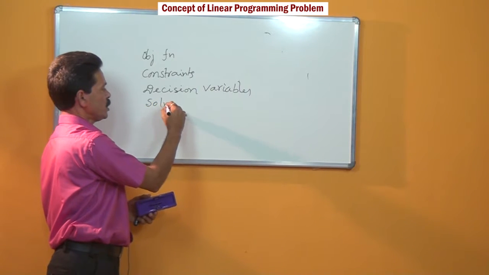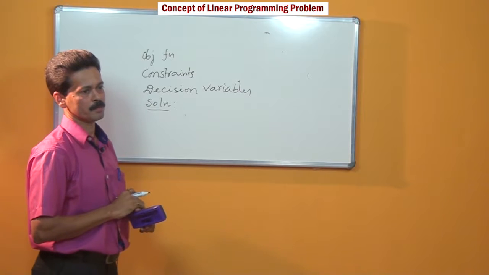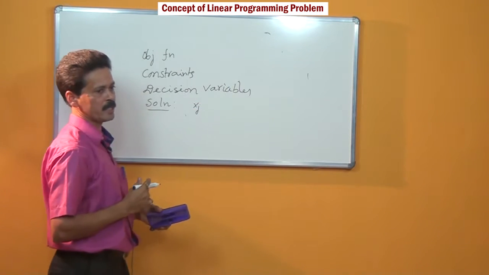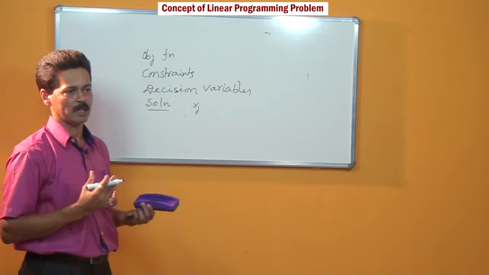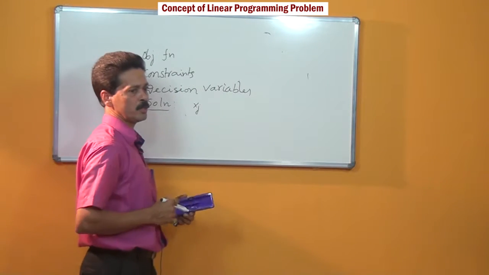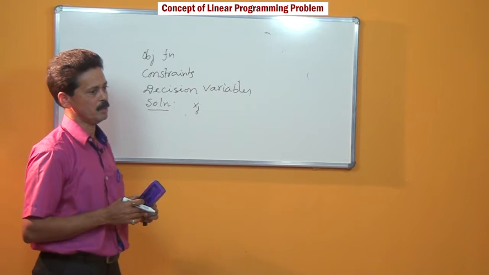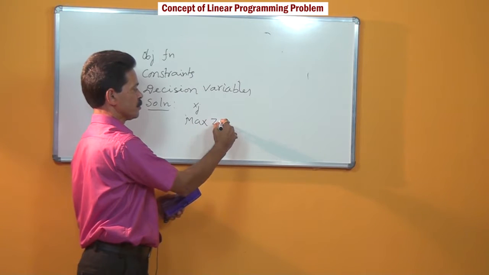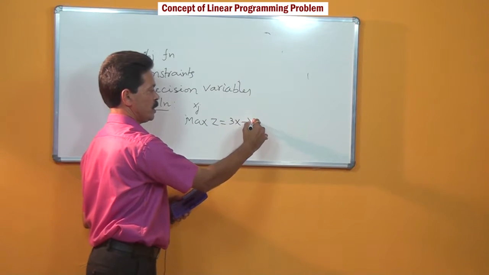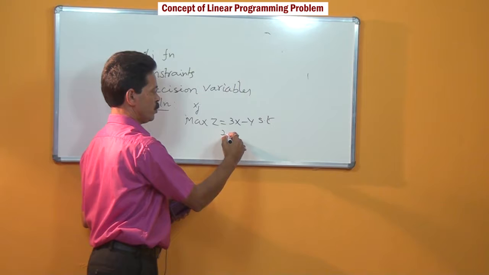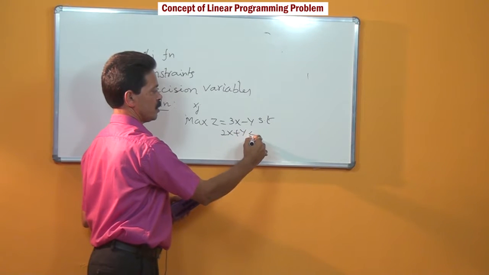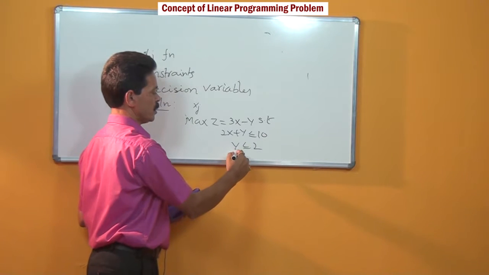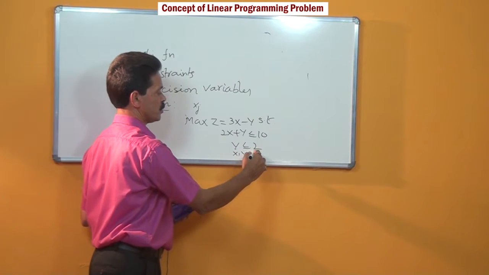Next, solution of a linear programming problem. Any set of values xj which satisfies the constraints of LPP is called a solution of a linear programming problem. For example, maximize z = 3x - y subject to 2x + y less than or equal to 10, y less than or equal to 2, x, y greater than or equal to 0.